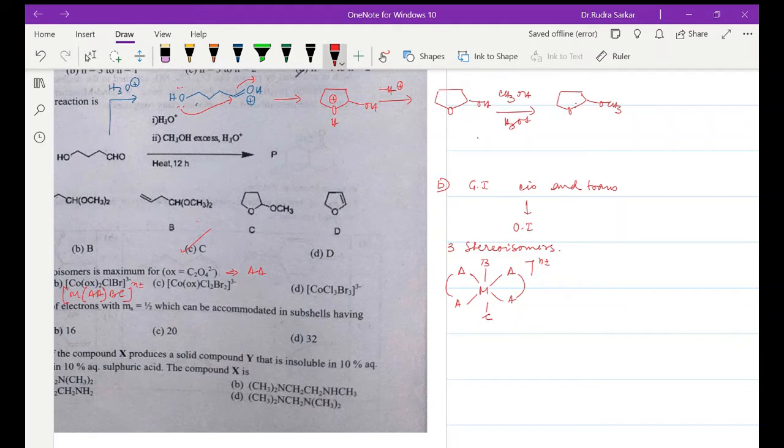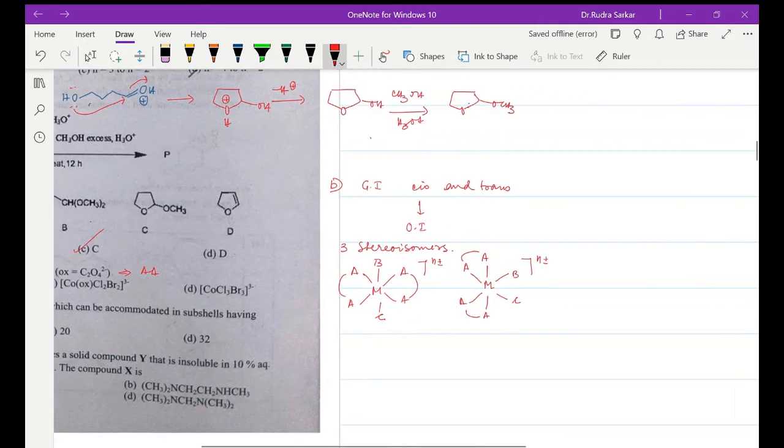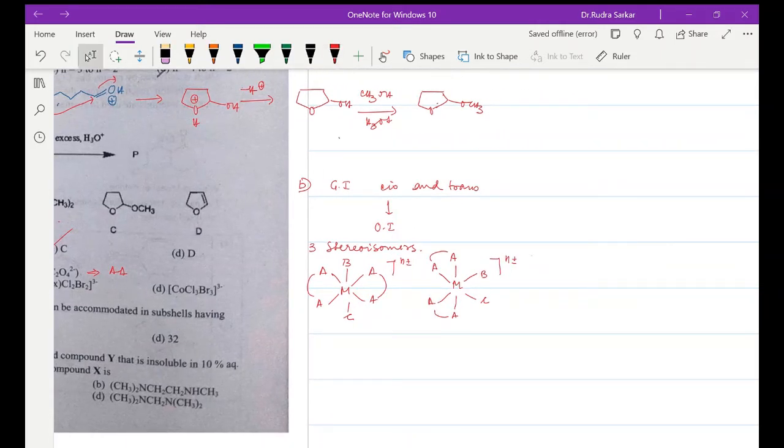So this is your, say, trans, and for your cis, we have A, this is your B and C. So that will be one of the cis isomer, and since this has no plane of symmetry or center of inversion, we will say it will be showing optical isomerism of the following type.